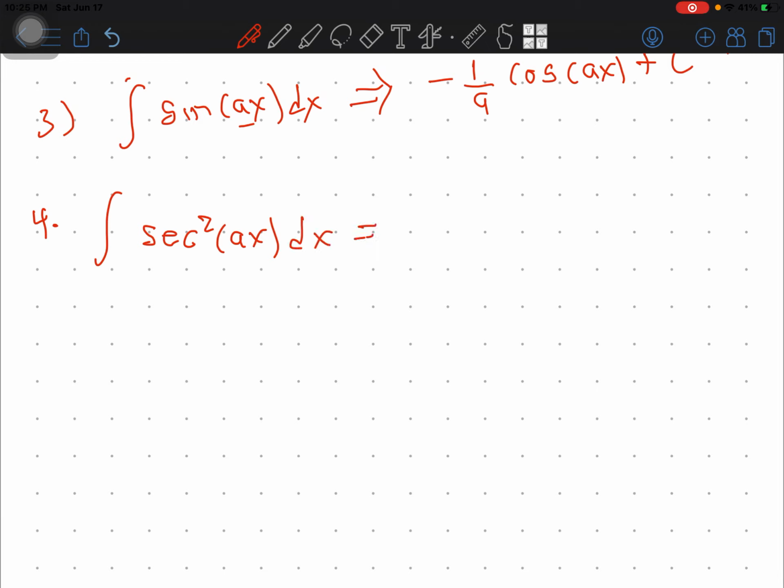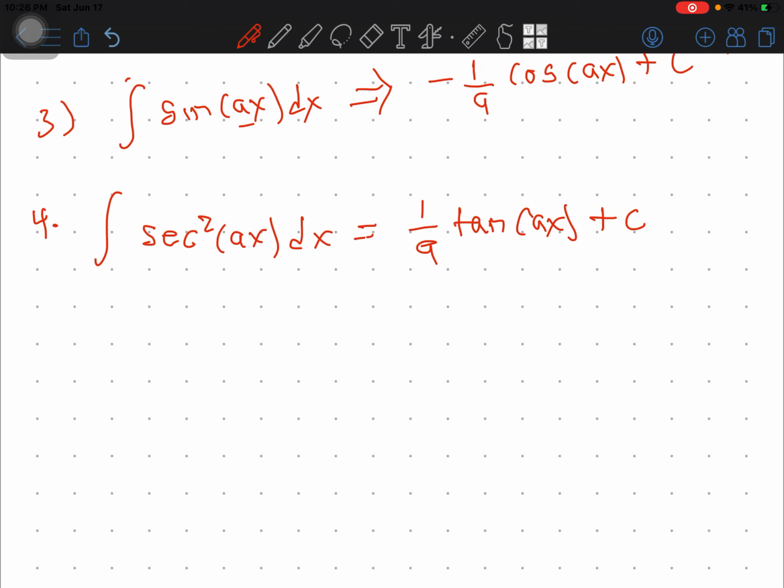So as I said, they are standard integrals, so they should be at your fingertips. Wherever you encounter them, you just write them straight away. So 1 over a tan ax plus c. This tells you that when we differentiate tan x, we get sec square x, right?